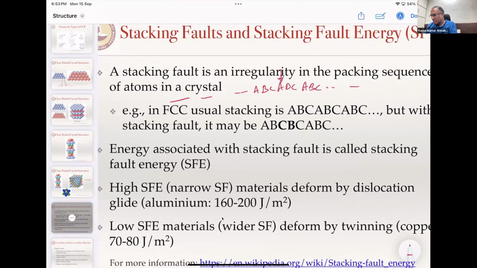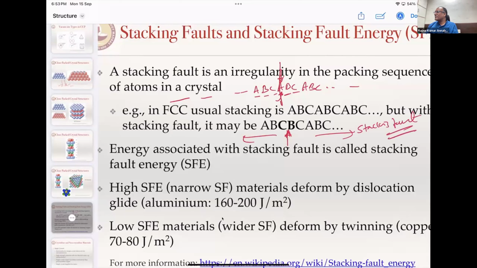That means first layer is A, B, C. Next you should actually put an A layer. But if that is missing and next comes a BC layer, then that is what is called a stacking fault. Normally it should have been ABC, ABC, ABC, and now you see that the layer A is missing here. But afterwards it continued. So this is what we call a stacking fault.